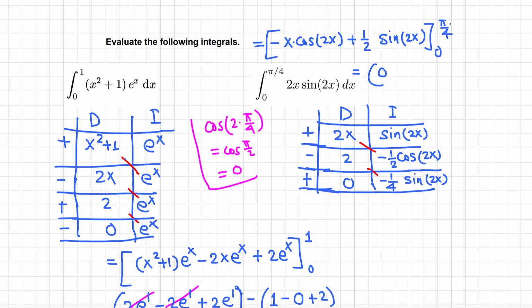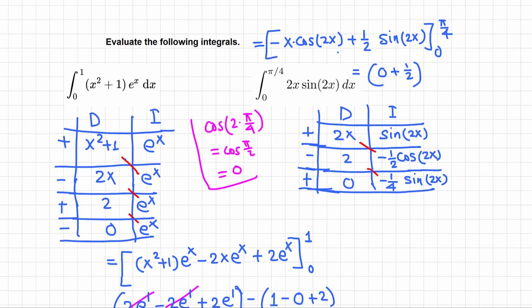Plugging in pi over 4, this term is 0, plus 1/2 sine of 2 times pi over 4, sine pi over 2, that's 1. So 1/2 times 1 is 1/2. That's the upper limit.